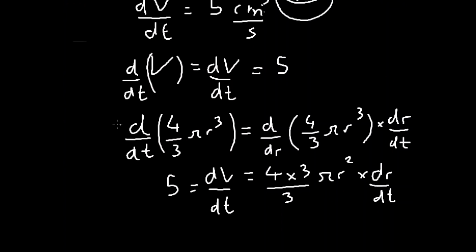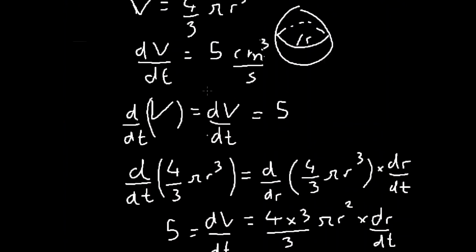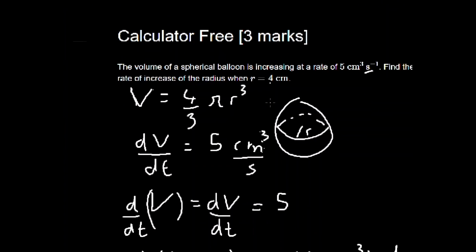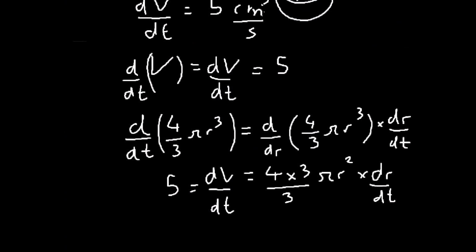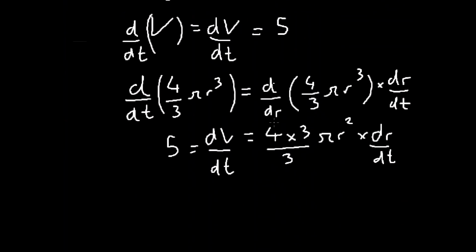So we know that at this point, when the radius is equal to 4, our r value has got a constant in there, right? So we can substitute it in. So find dr/dt. That's what we're trying to find here.